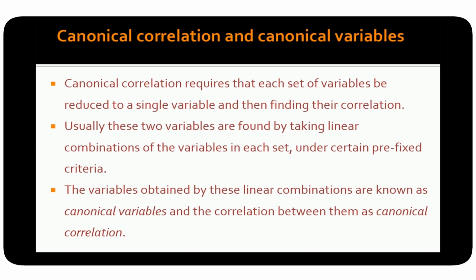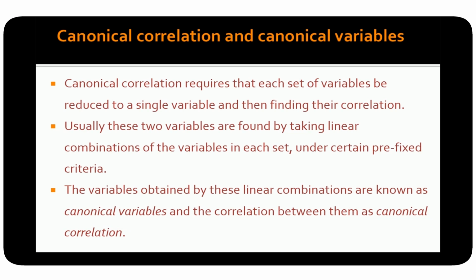So that is what canonical correlation is in a nutshell, but the problem is how do you take the linear combination? Which linear combination? Because there can be several ways that you can combine each of the two sets of variables. So we need to find some ways of doing it so that there are certain criteria we can fulfill. That would be the basic problem in canonical correlation analysis.